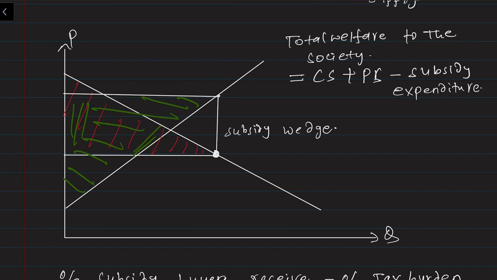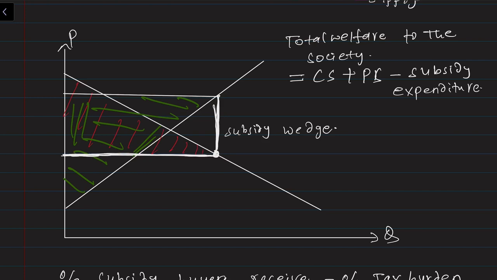So from this graph, can you tell me what is the subsidy expenditure? Similar to tax, subsidy expenditure is subsidy times the amount. So this is the subsidy, and this is the amount.